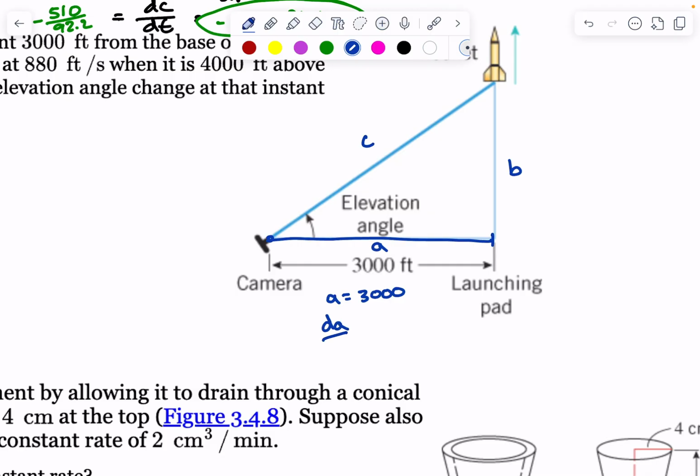dA/dt is the rate at which A changes with respect to time. What's dA/dt? 0. I wouldn't put 0 in there. I just put like 1. It's not doing anything. It's changing the same amount per the same units of time. It's not changing at all, right? So dA/dt is constant. Okay. 1 means that it increases by 1.